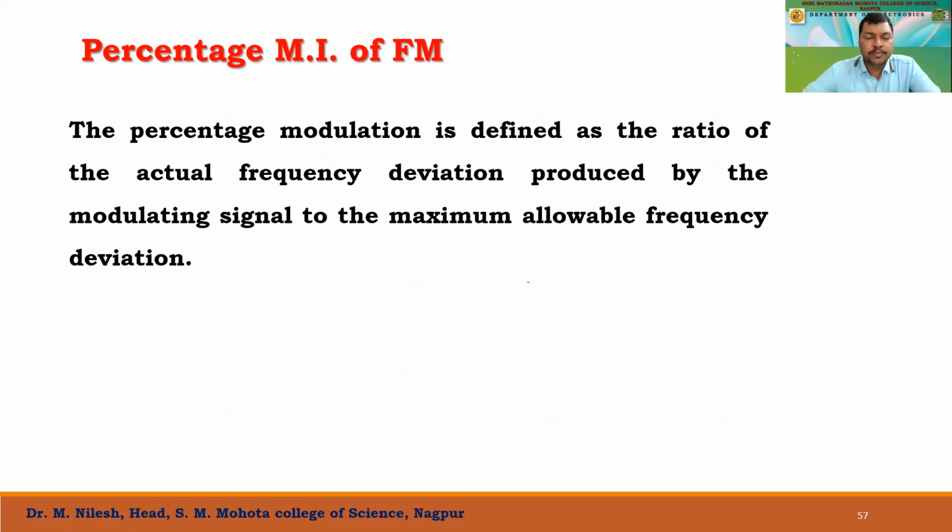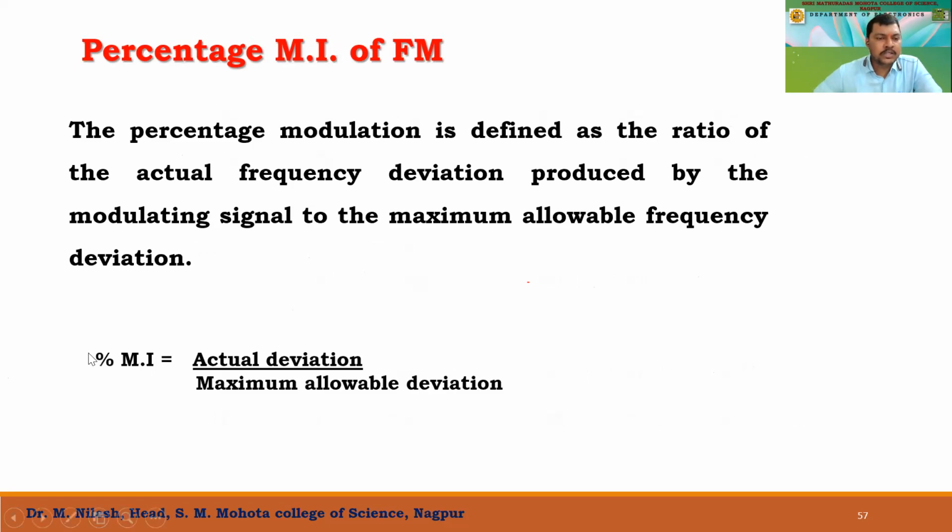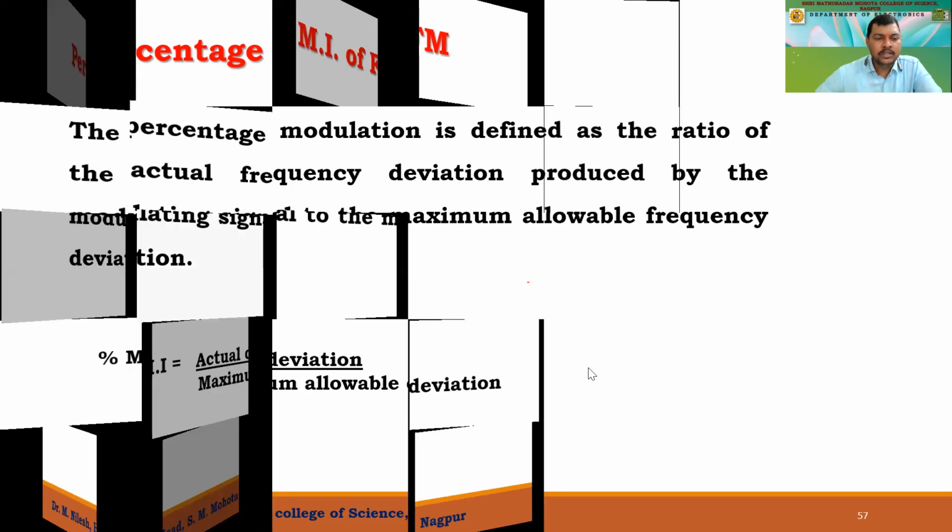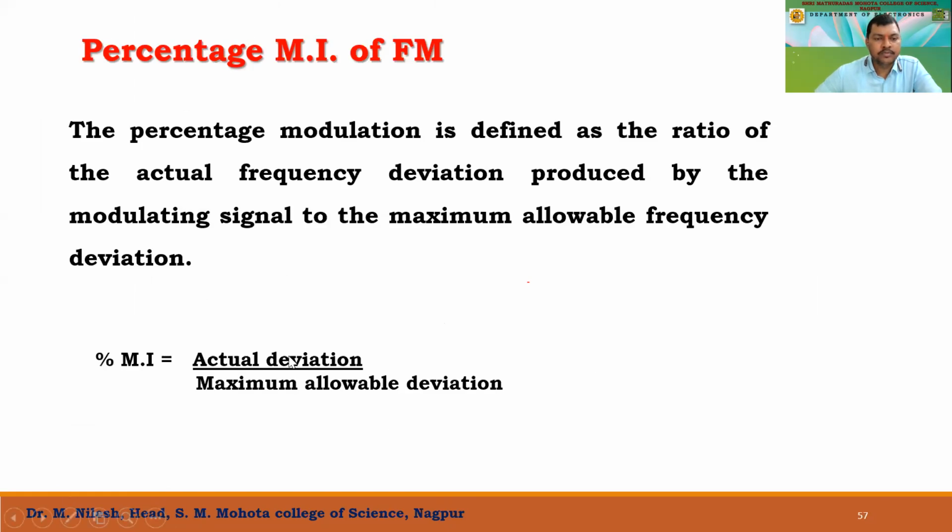In formula, percentage modulation index is equal to actual deviation divided by the maximum allowable deviation, multiplied by 100. That will give you the percentage modulation index.